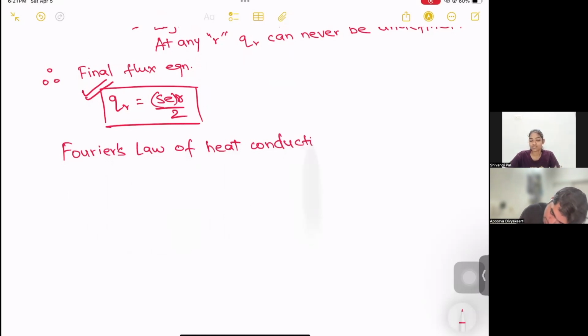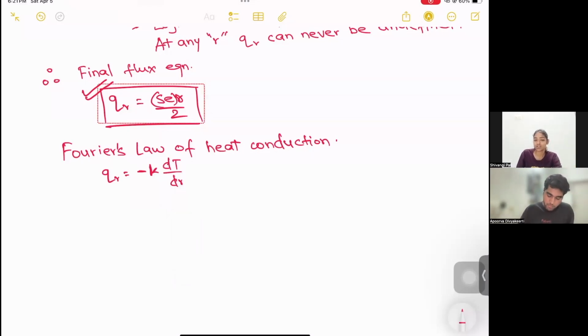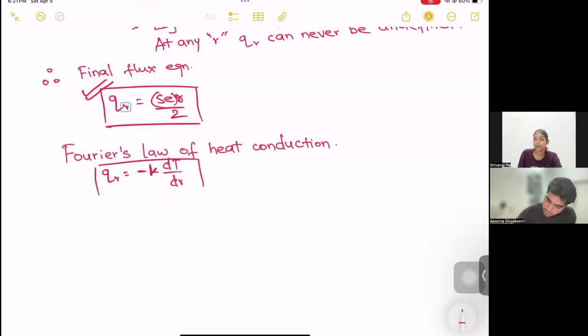What is Fourier's law of heat conduction? It says our flux, that is QR, is equal to minus K dT by dr. We will be equating this equation to our above equation, and it will become QR equal to minus K dT by dr, that will be equal to SCR by 2.